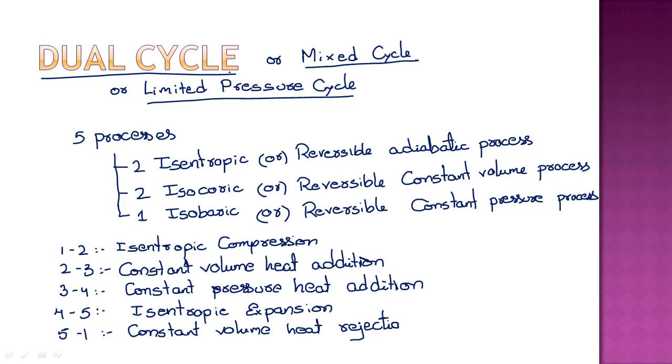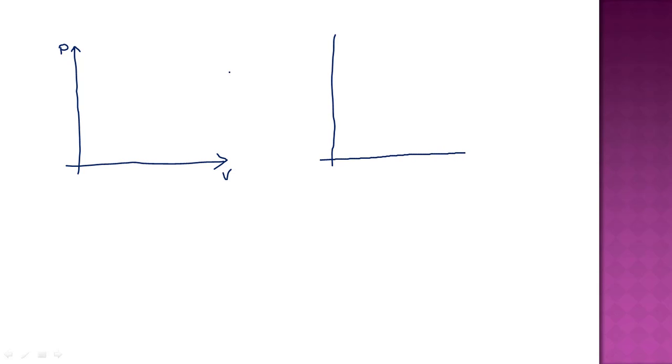Now, let me draw the PV and TS diagrams in this case. Process 1 to 2 is isentropic compression.